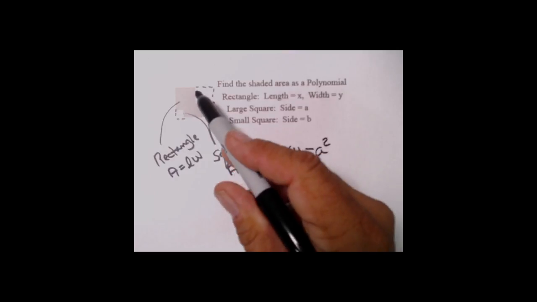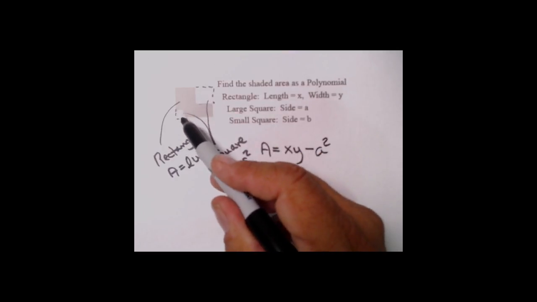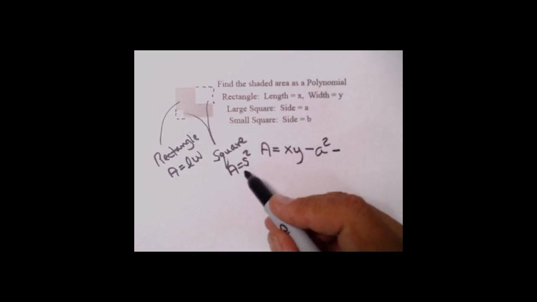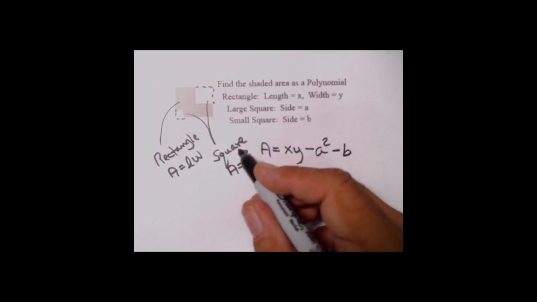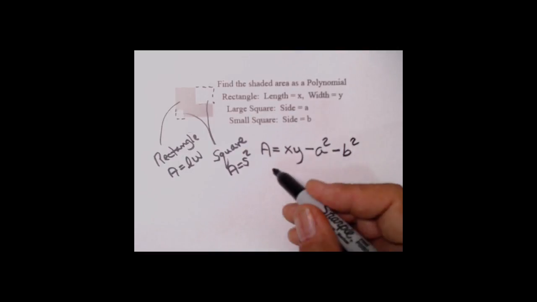Now that removes the larger square, but we also have to remove the smaller one that's in this corner. So we also subtract that one. It's the same formula, S squared, and we use B for the variable for the smaller square, and of course don't forget to square it.